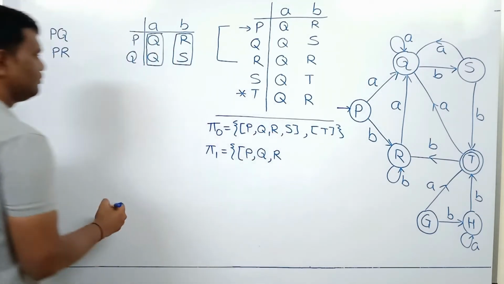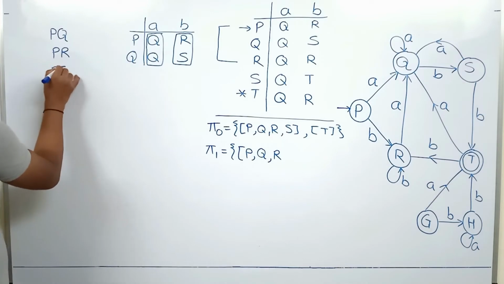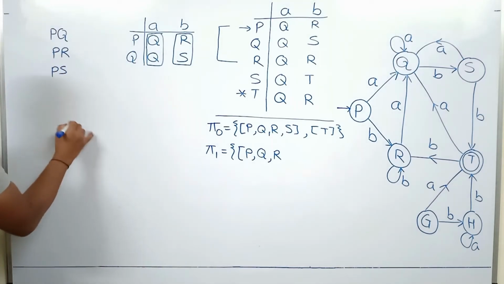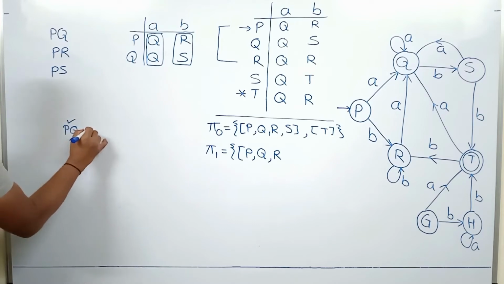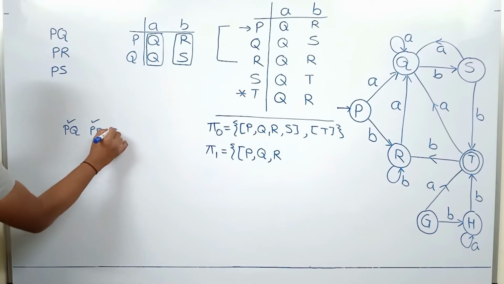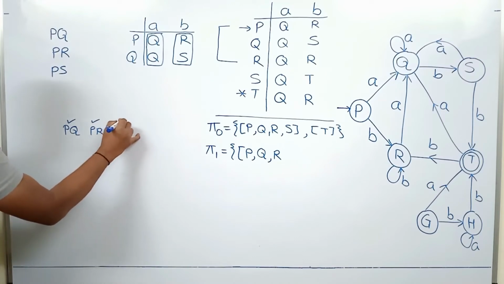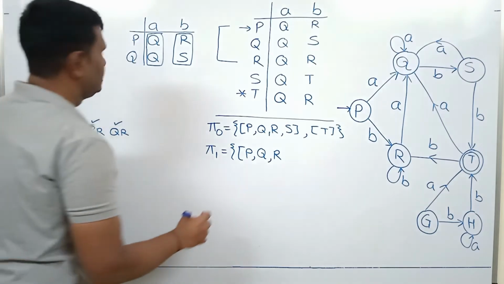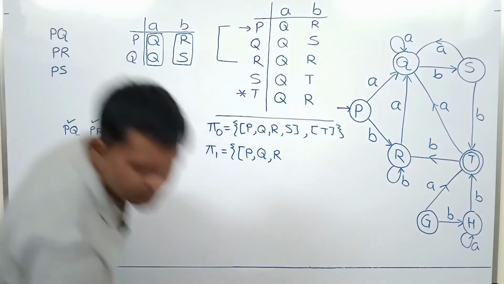Now let's check P and S. Now before that, P and Q are one equivalent. P and R are also one equivalent. So Q and R are also one equivalent. We don't have to check it separately. Now we are checking P and S.